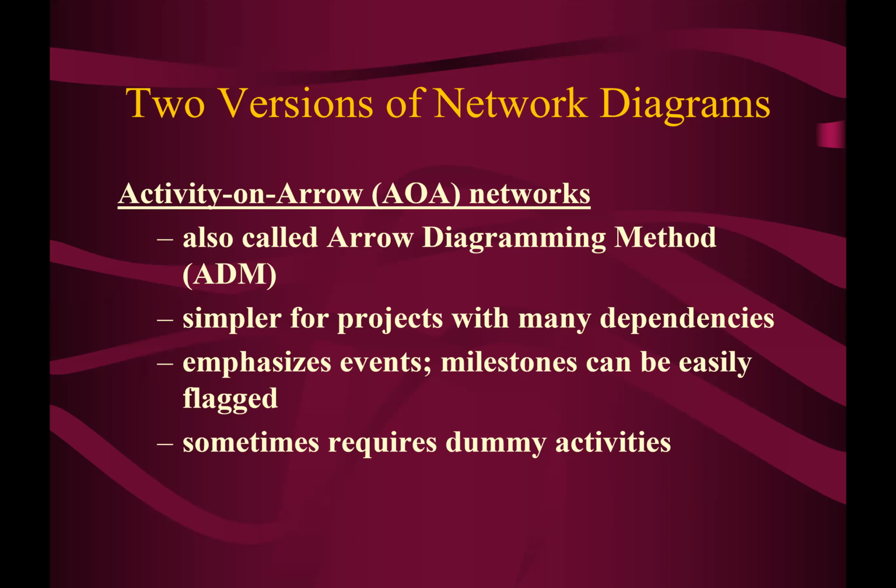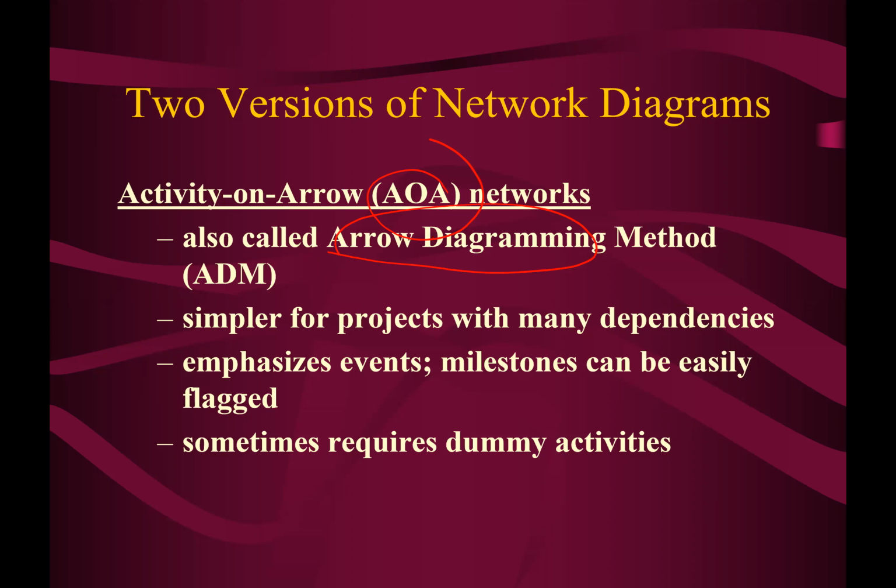For instance, we call it the AOA diagram, or sometimes people call it the arrow diagram, ADM, arrow diagramming method. This is one of the earlier versions of a network diagram, developed way back in the early 1960s, using a simple arrow and node relationship.